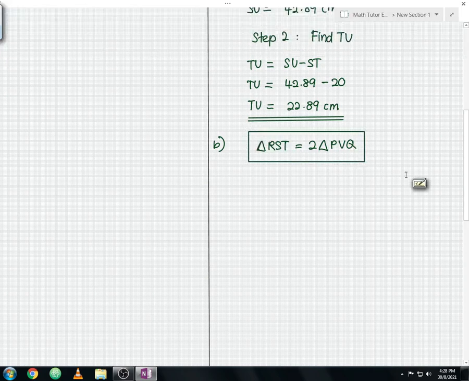For this question we're going to apply the area of triangle formula. Let us calculate the area of triangle RST, which is the left hand side equation.